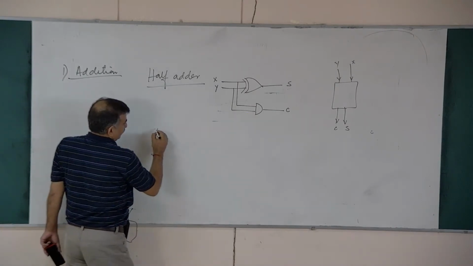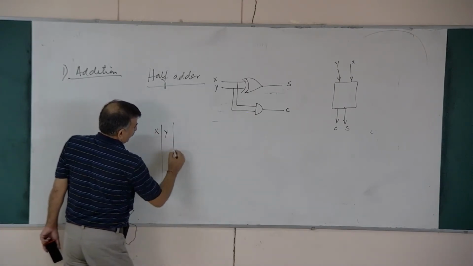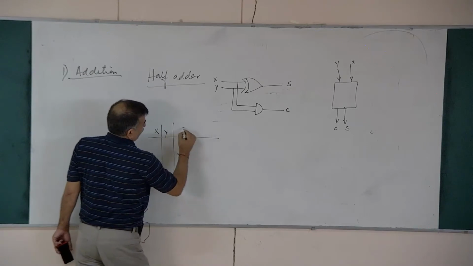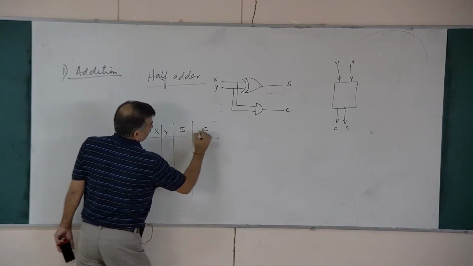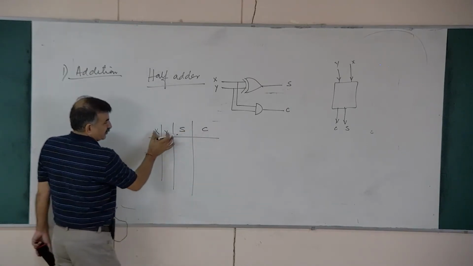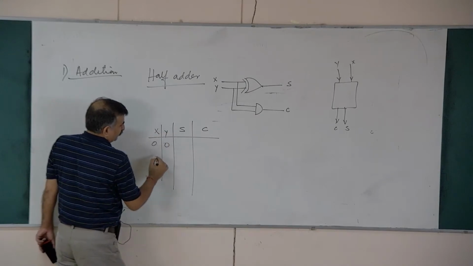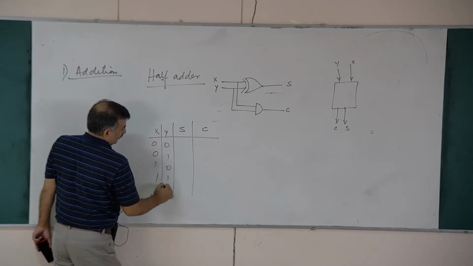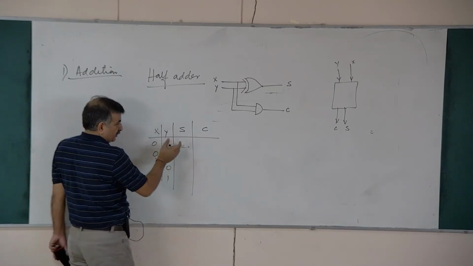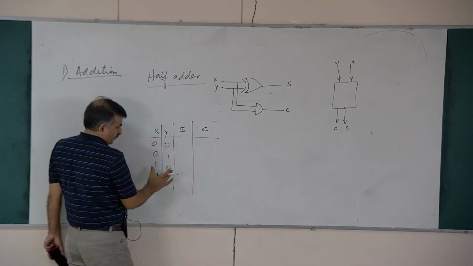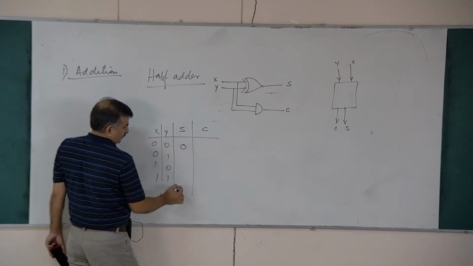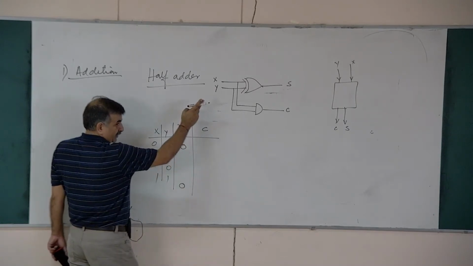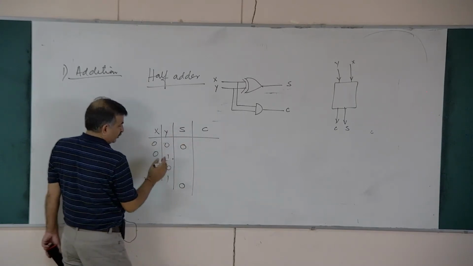So let us say we have 2 inputs X and Y, and then we have 2 outputs S and C. Since we have 2 inputs, there are only 4 possible combinations: 0 0, 0 1, 1 0, and 1 1. For similar inputs, the output is 0, because we are talking about the XOR gate. For dissimilar inputs, the output is 1.